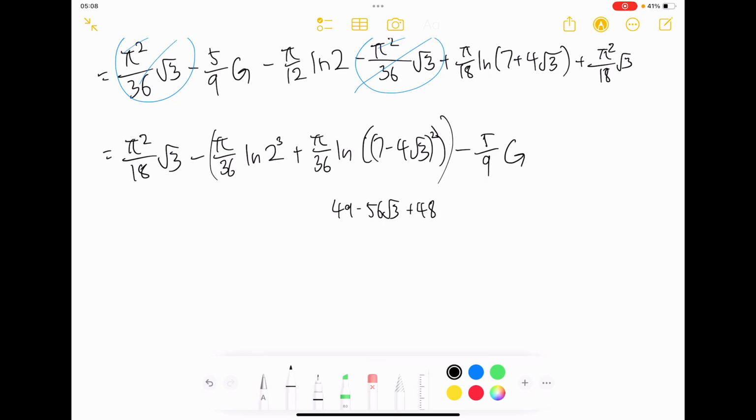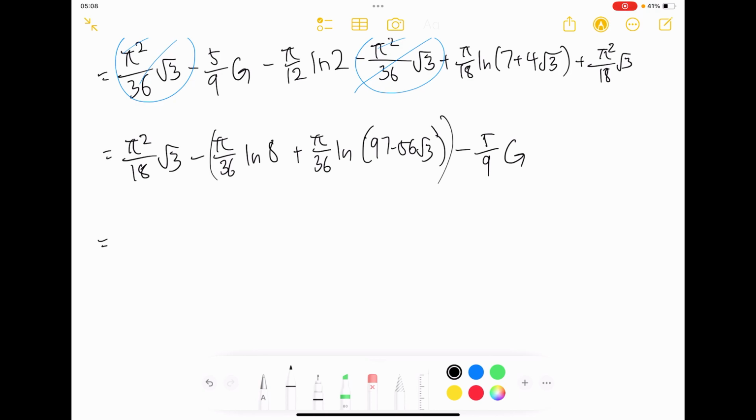So we are going to have, what are we going to have? 97 minus 56 root 3. So 97 minus 56 root 3. And that is an 8.